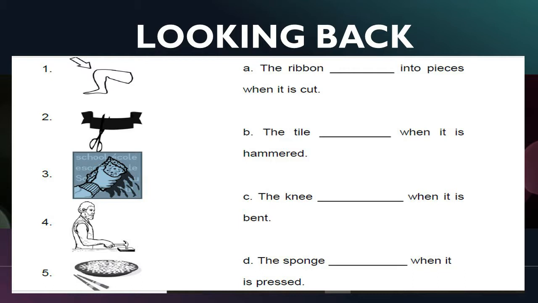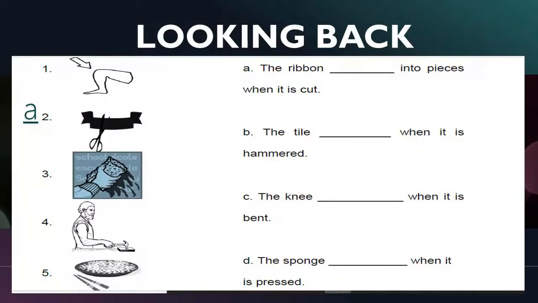Let's first read the choice in letter A. The ribbon tears into pieces when it is cut. Which picture describes letter A? Correct. The answer is in number 2. We will write A before number 2.